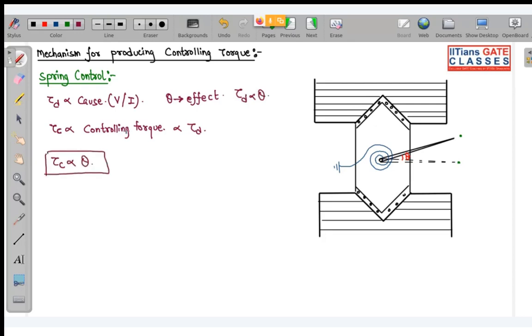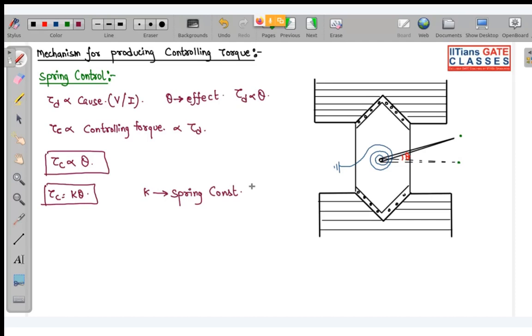Now, if I remove the proportionality sign, TC is equal to K theta, where K is your spring constant. The springs we make are usually made of alloys, like silver and phosphorus alloys, so that they remain sensitive to the deflecting torque.